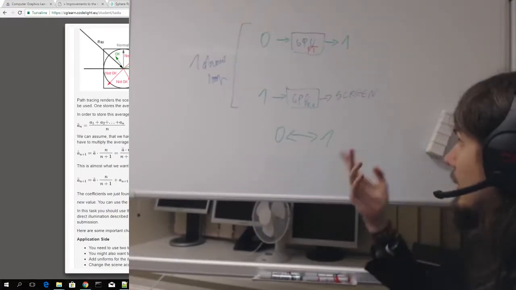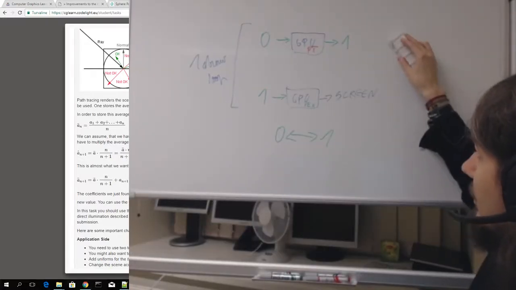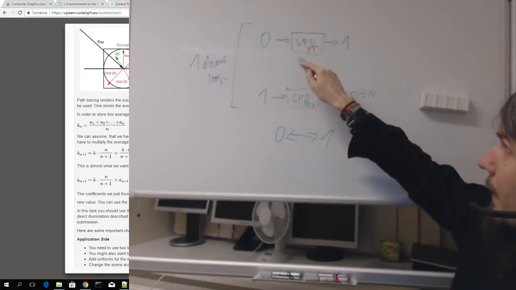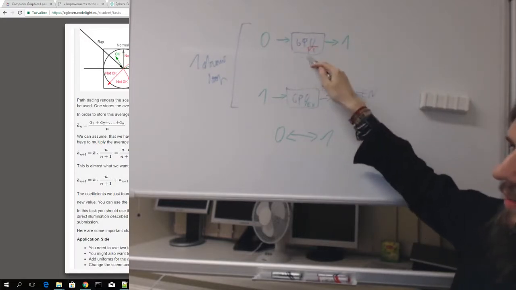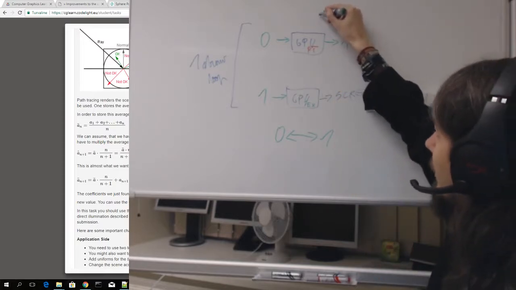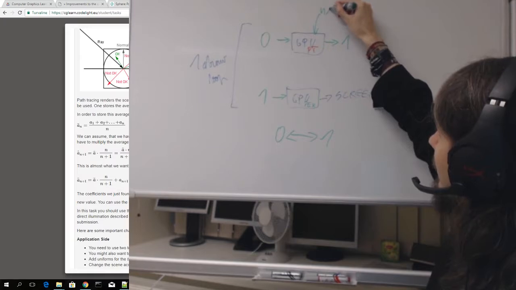This is where this averaging thing comes in. The entire idea, like I mentioned in this path tracer, is that we get this zero as input, but in this part we now find a new sample that comes in here.